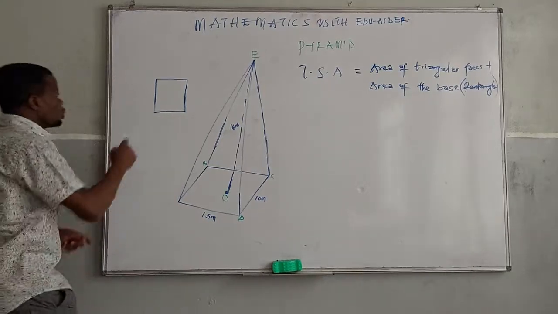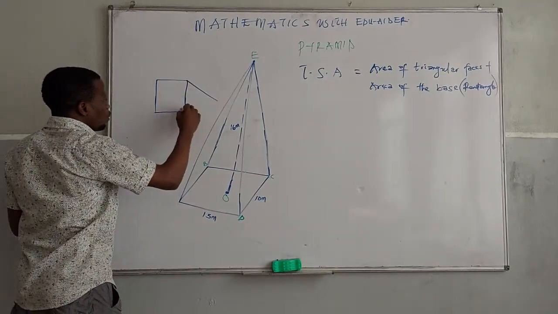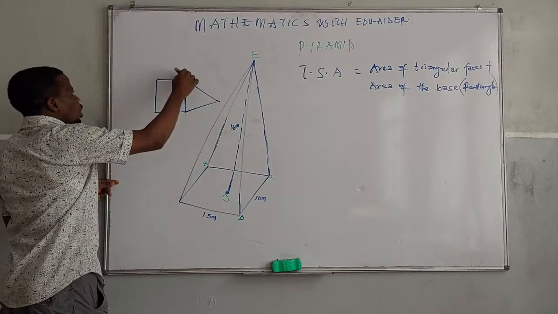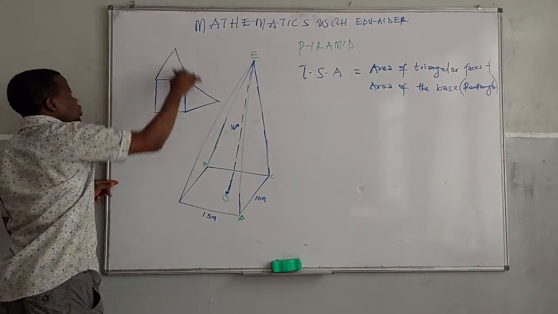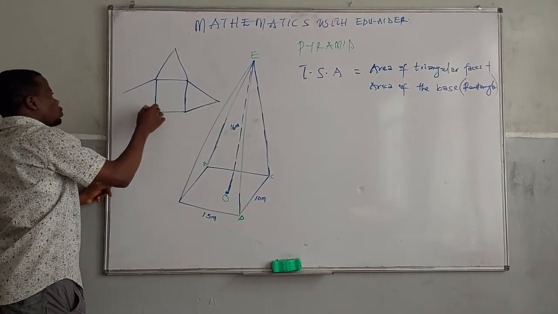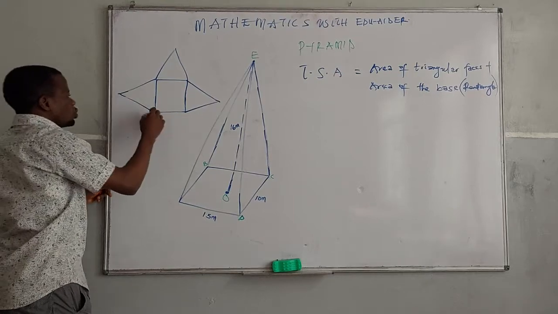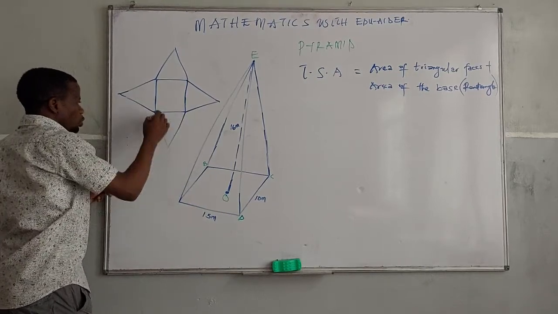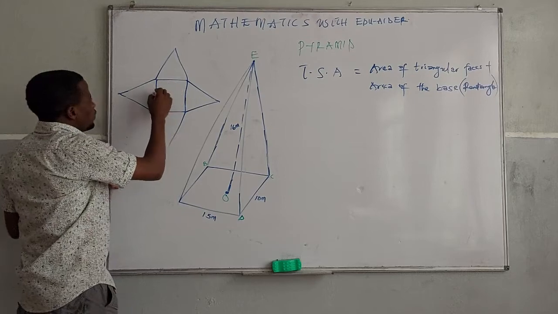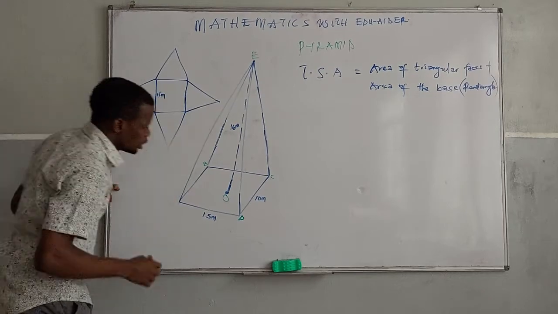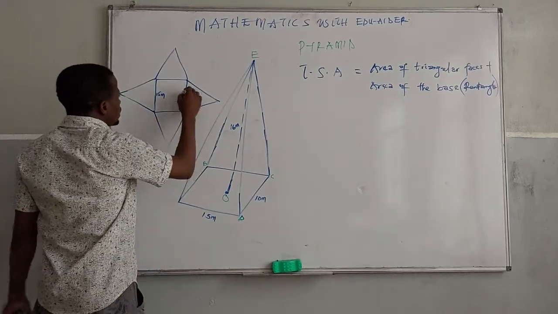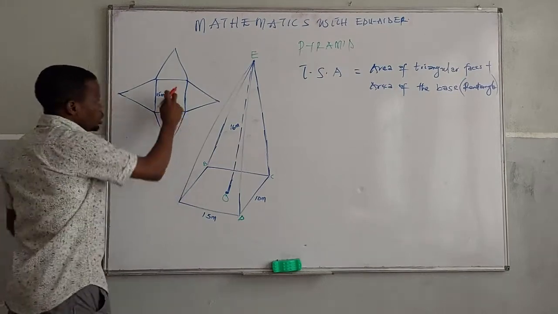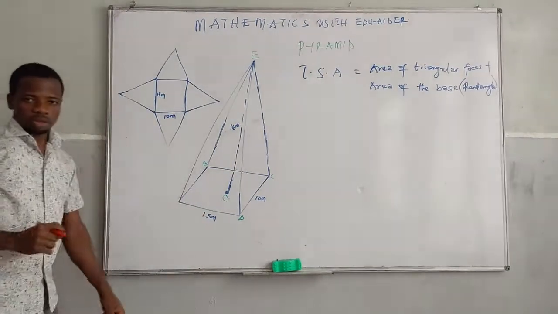So let me take the rectangle. If this is the rectangle, it has 4 triangles. This is my 15 meters. This is my 10 meters. You get it?